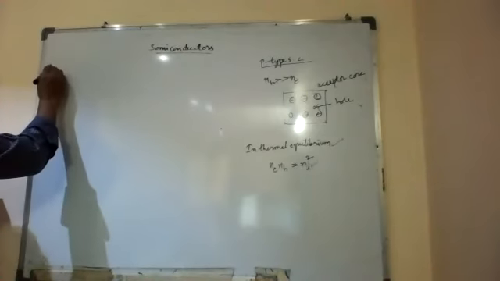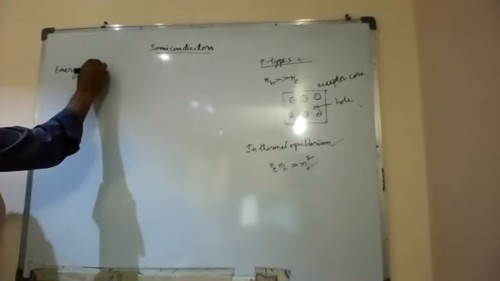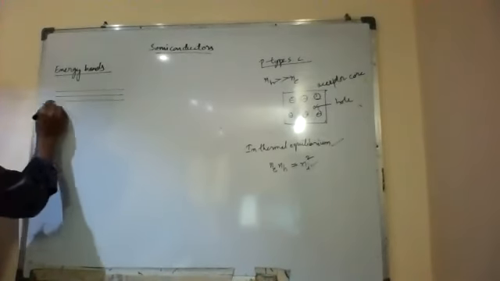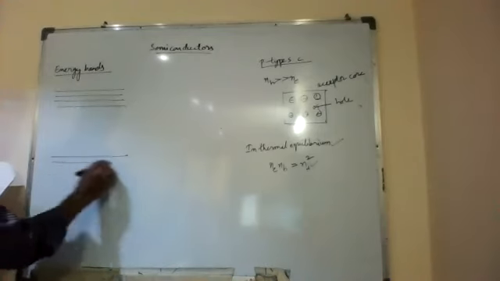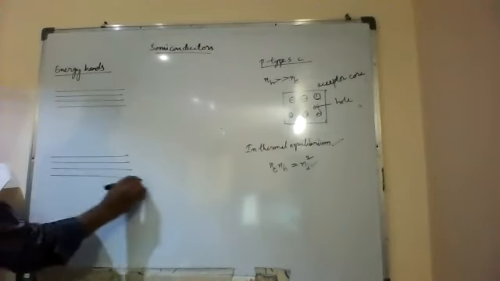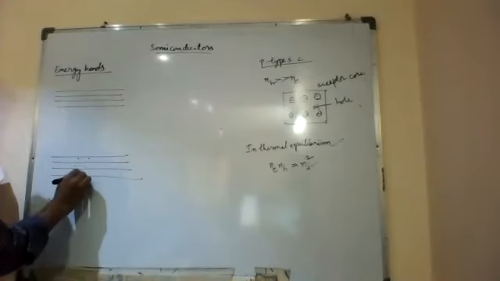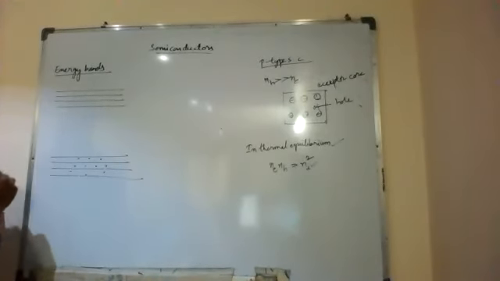Energy bands. You can see these are the levels, and these are the electrons.